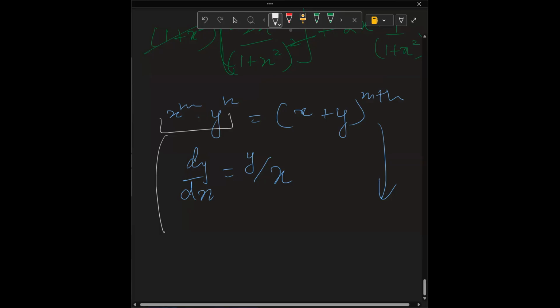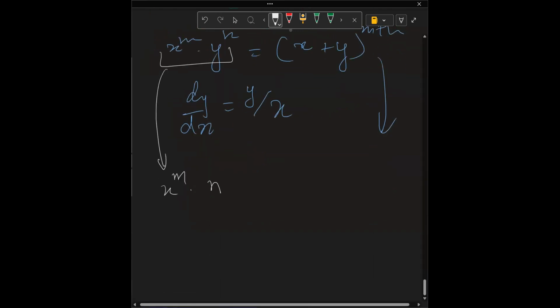यहाँ पे product rule है. Why is this a product? Because this is in the form of u into v. So I'm taking x की power m common and the derivative of y की power n. So y की power n का derivative, that is n y power n minus 1, and again y का derivative, that is dy by dx.